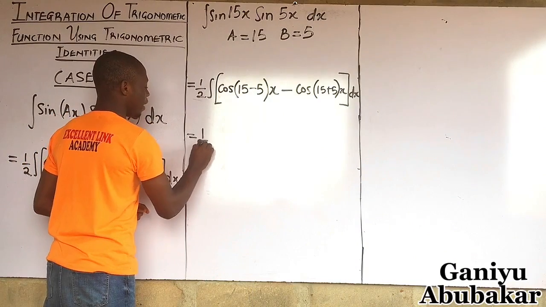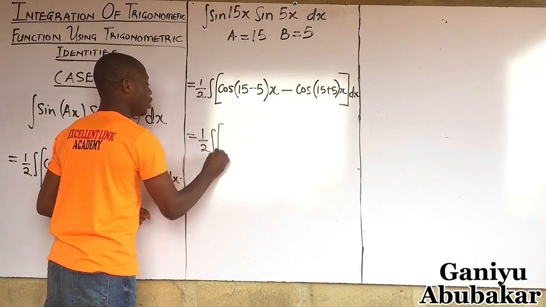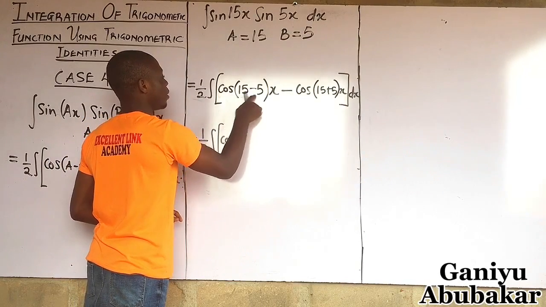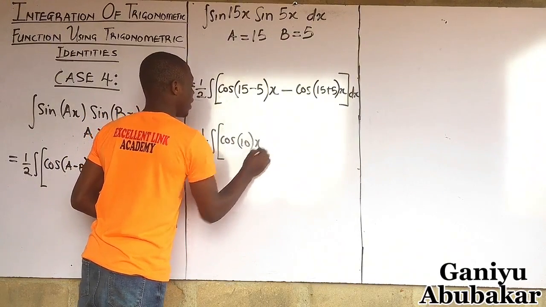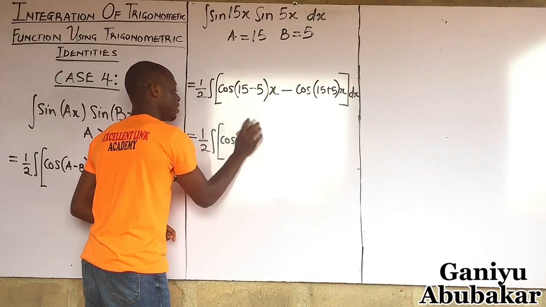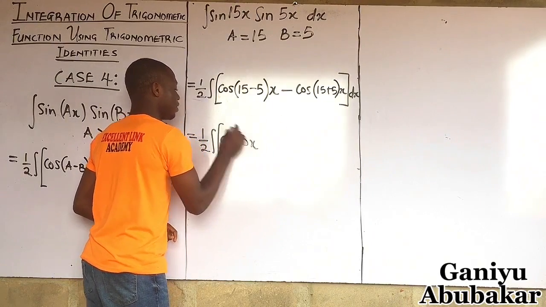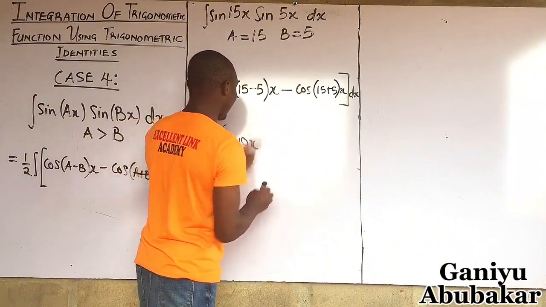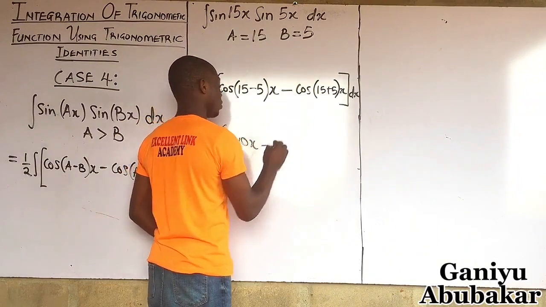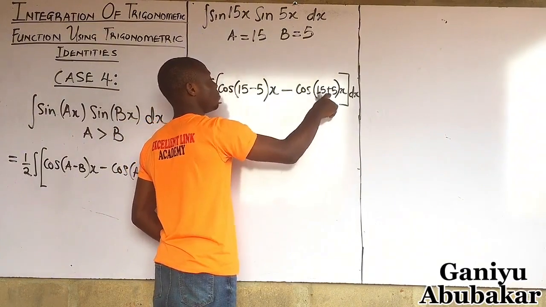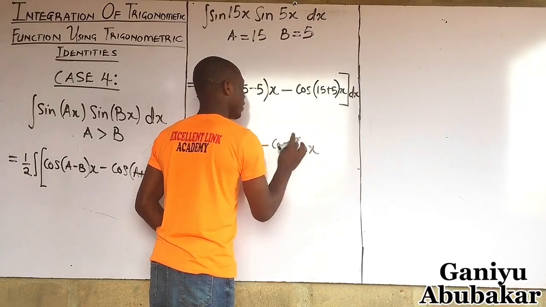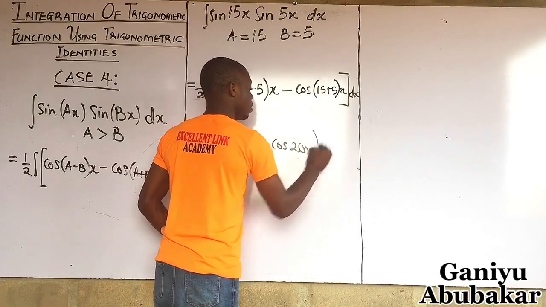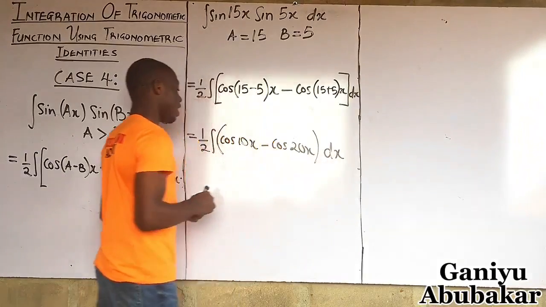At this point, what's your next task? Simplify. This is half integral of cos, 15 minus 5 gives 10, so cos 10x in a round bracket, minus cos 15 plus 5, that's 20x, with respect to x.